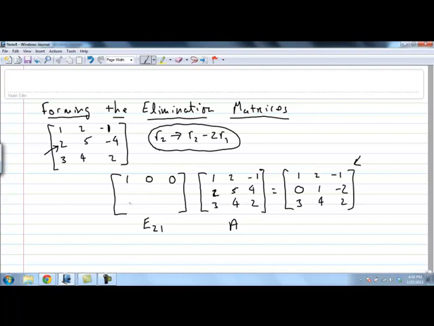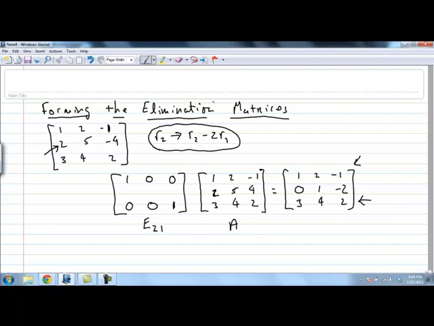Similarly, since the third row didn't change, we need row 3 from an identity matrix, 0, 0, 1. Notice here that this 1 in the 3, 3 position will always multiply in the third row of A. We won't take anything from the first or second row of A because of these zeros in the 3, 1 and 3, 2 positions. And so we will return the same third row as we have in A.